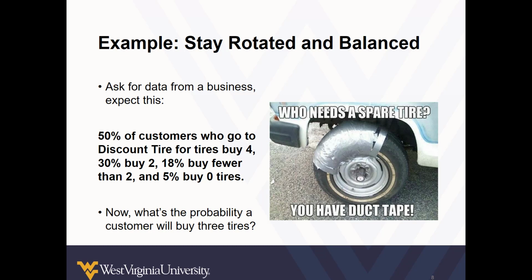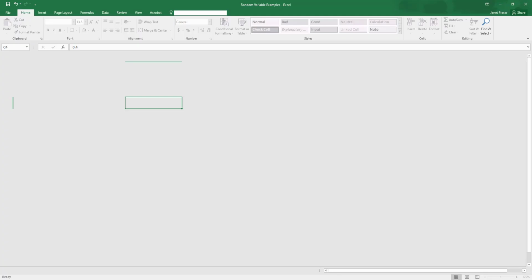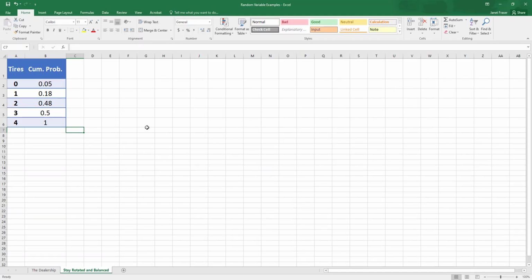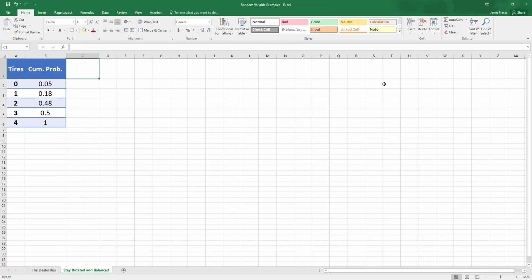So we need to find the probability that a customer will buy 3 tires. So we have our cumulative probability, but that's not really helpful when we're trying to figure out the probability that somebody is going to buy 3 tires. So let's deconstruct our cumulative probability. So now we're just going to look at probability.